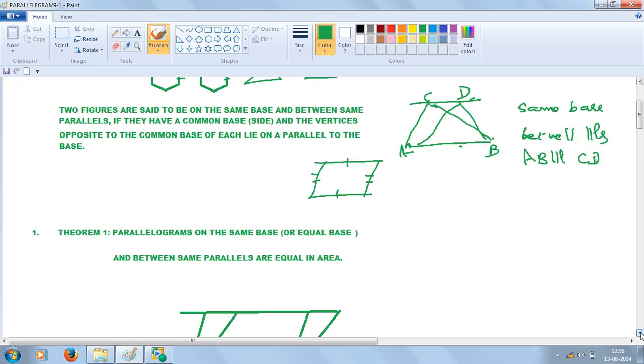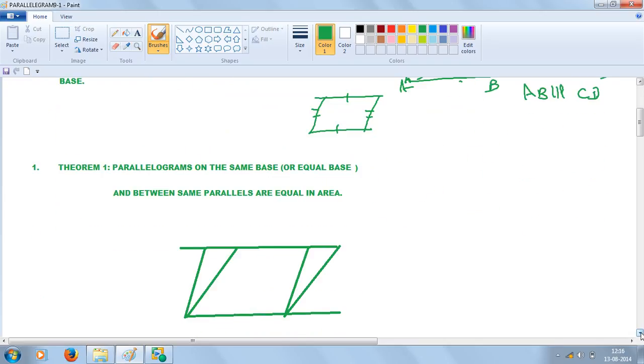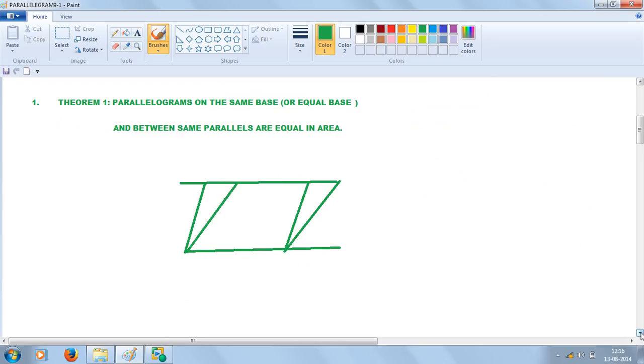Now we go to the theorem: parallelograms on the same base or equal base and between the same parallels are equal in area. What is the base here? AB is the base.